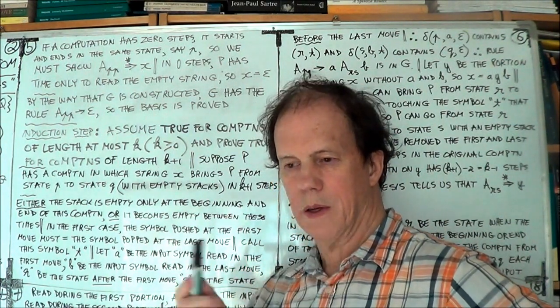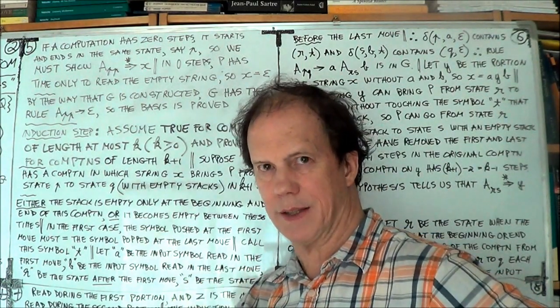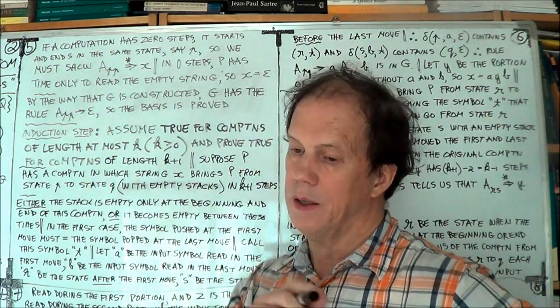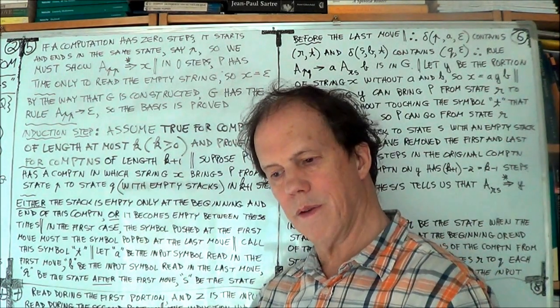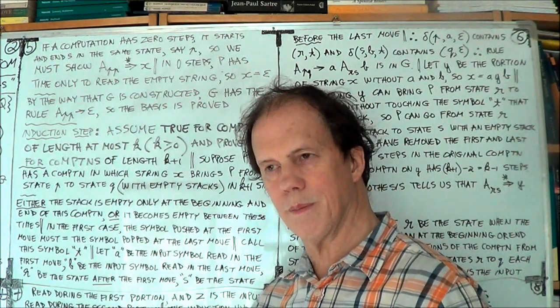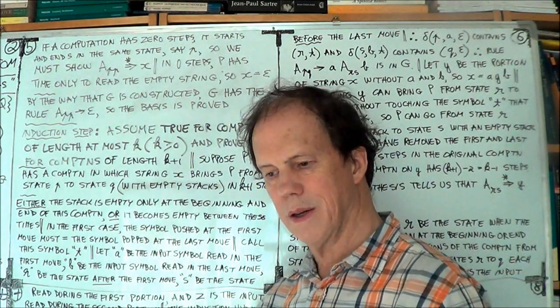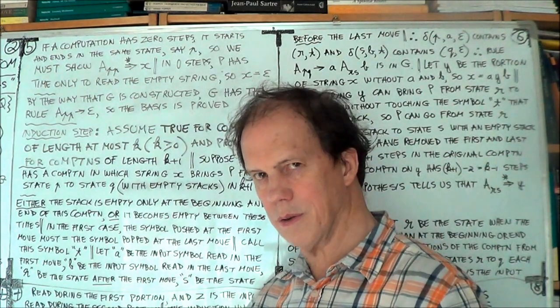Each step is like reading the next symbol in the input string and changing the state. Okay, so let's start. It's an inductive proof, so it's a two-step. Let's start with the basis part, with 0 steps.